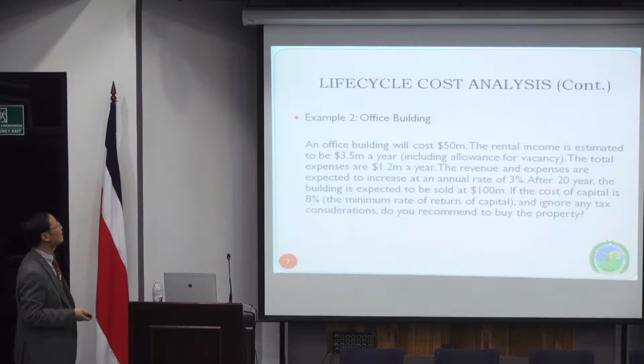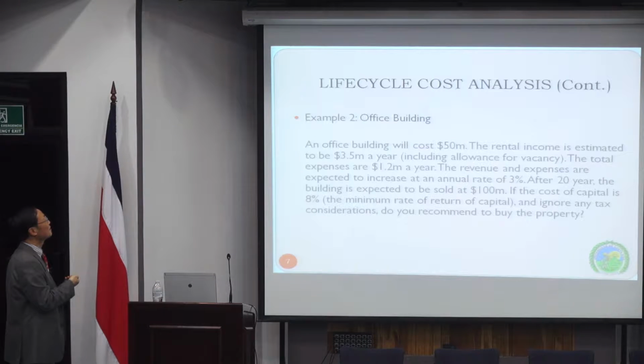For the second example, say an office building costs $50 million to buy, and the rental is estimated to be $3.5 million a year, including all the allowance for vacancy and that kind of thing. The operation cost is $1.2 million a year, and assume the inflation rate is 3%.